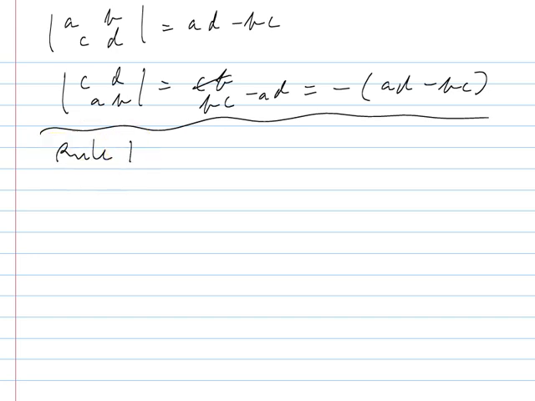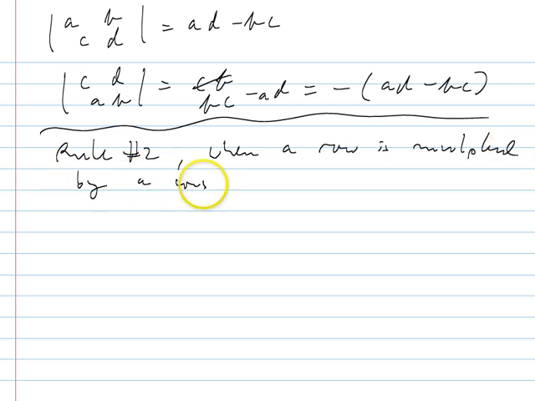Okay, rule number 2 is how the determinant is affected when a row is multiplied by a constant. Notice how rule number 1 is based on row operation number 1, and rule number 2 is based on row operation number 2.